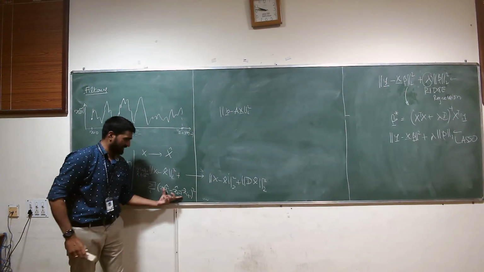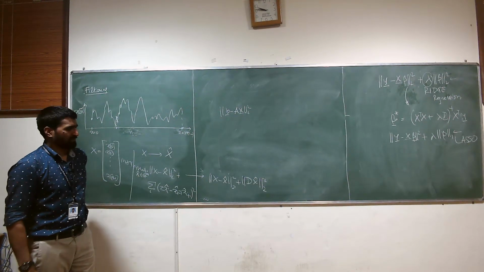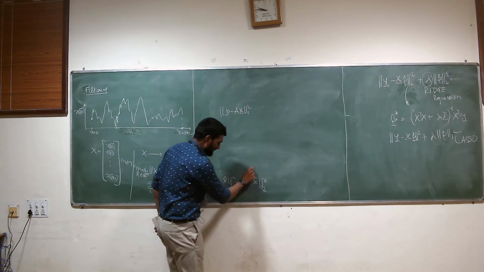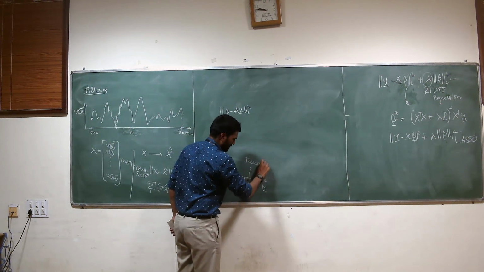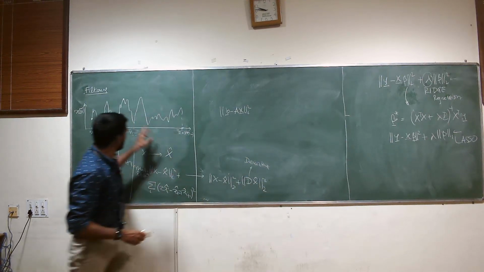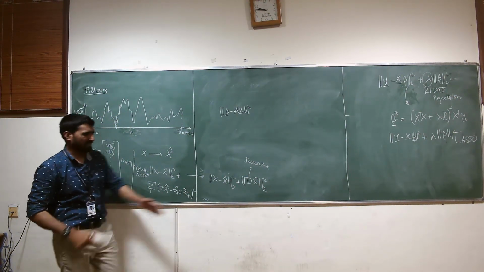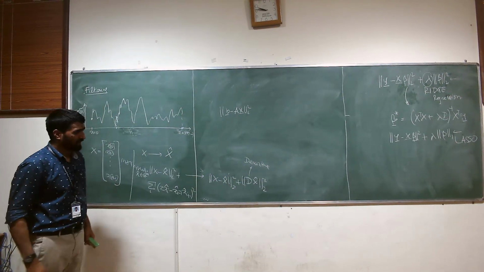D is a matrix that essentially will give you these terms. Your goal is to then find this matrix D, and the choice of D is deliberate. D stands for derivative, because you're essentially looking at how your signal changes locally. So this is something like a numerical derivative.